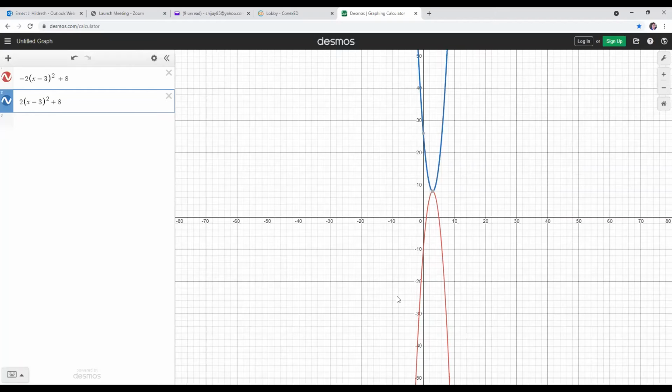So as before, it was facing downward and we had a maximum, which is the height of it at 3, 8, but because of our change in coefficient being positive, it gives us a minimum now, as you can see for our graph in blue.